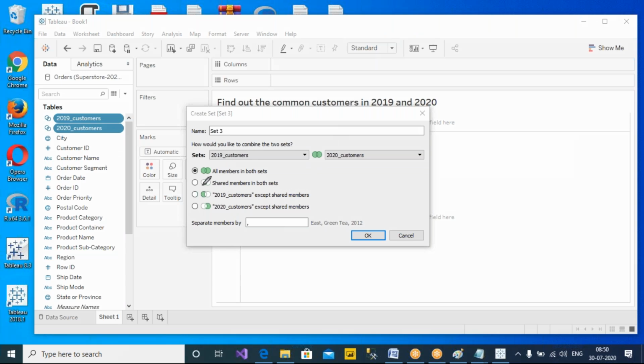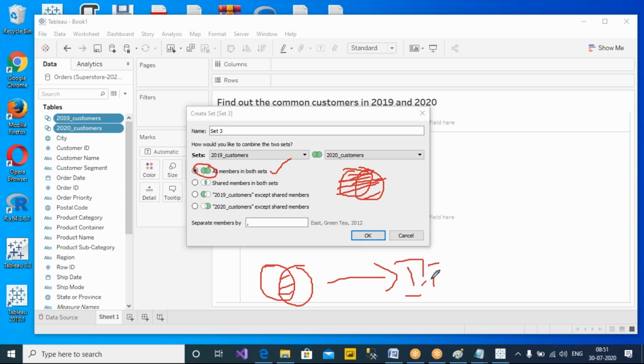Exactly. So observe the symbols here. The first symbol is completely filled up, so this is definitely a full join. The second one shows only the middle section, so it looks to be the inner join. That's true. But the third one looks to be only filling up from here to here.